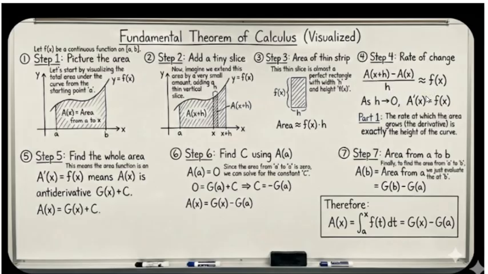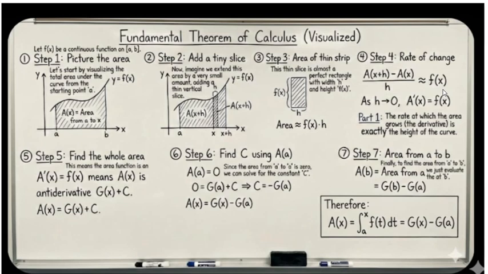That is called A dash of x. We are finding the derivative, that is, the change of area with respect to a minute change in x as h tends to 0, and that is equal to f of x.